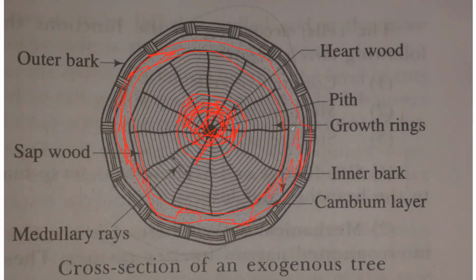Understood? Now the remaining portion in between the pith and cambium layer is called sapwood. So sapwood is in between heartwood and cambium layer. Understood?